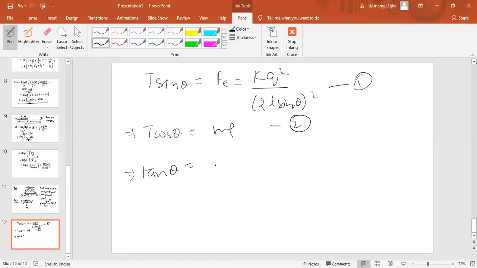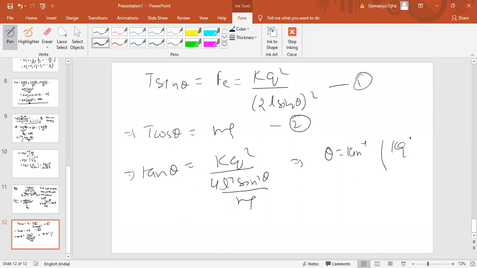So tan theta must be equal to kq square by 4L square sine square theta, divided by mg. Therefore, theta will be tan inverse of kq square by 4L square sine square theta by mg. That is the value here. Fine. I think most of you have got the answer for this. Now next problem.